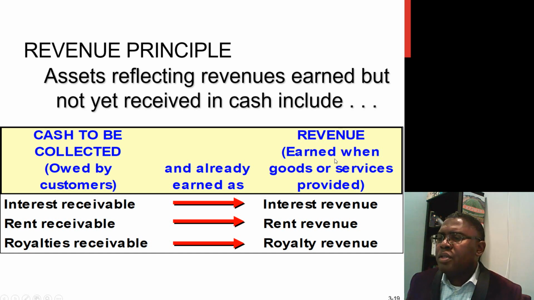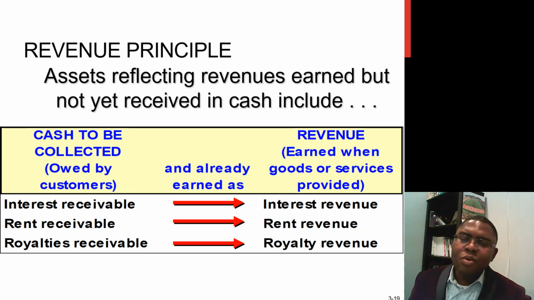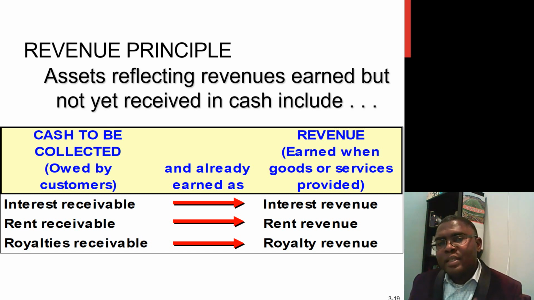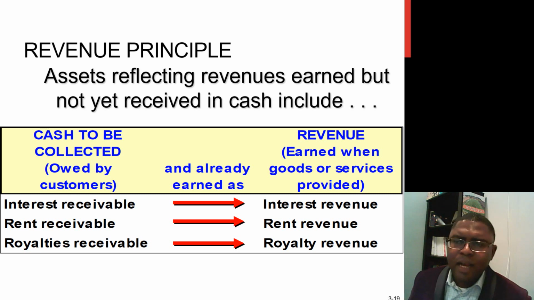Then we have also seen revenue. This is earned when goods and services are provided. So once goods and services are provided, revenue is recognized. Not necessarily when we receive cash or when cash is being disbursed, because that would be the cash basis of accounting.